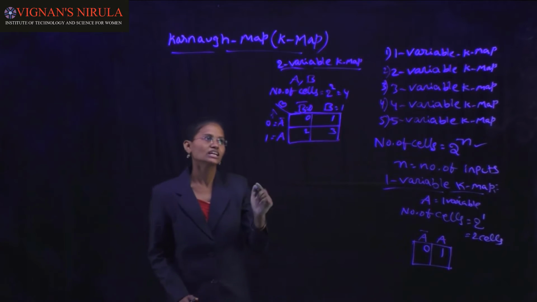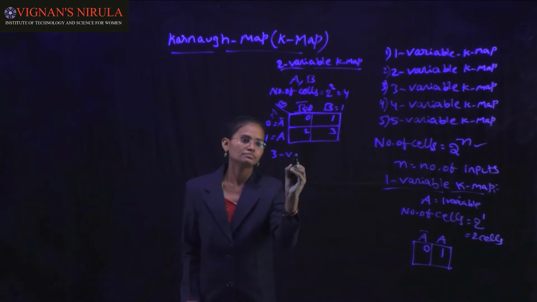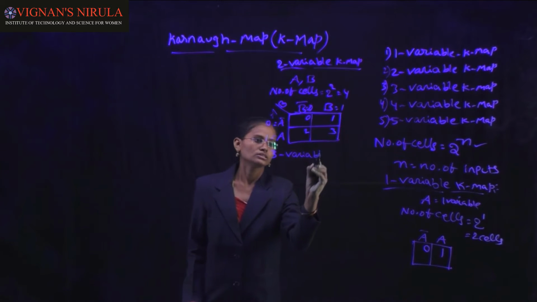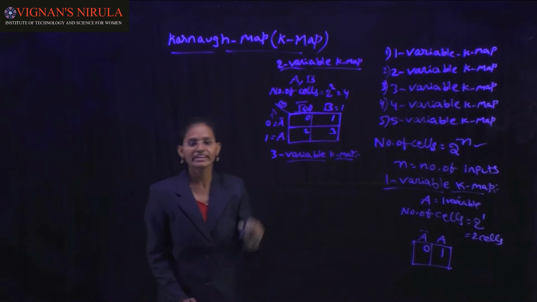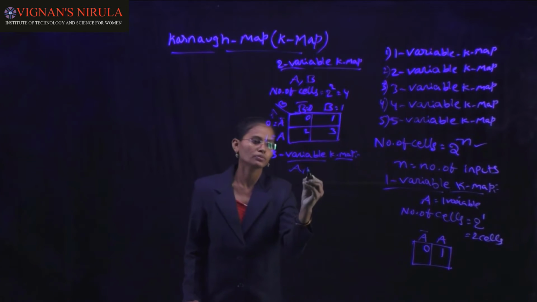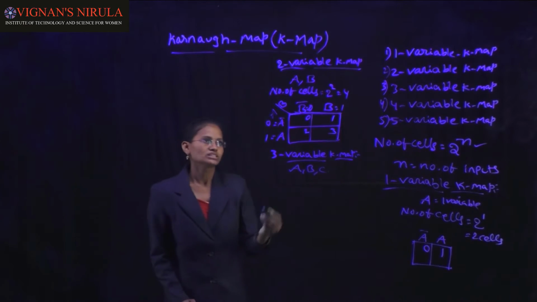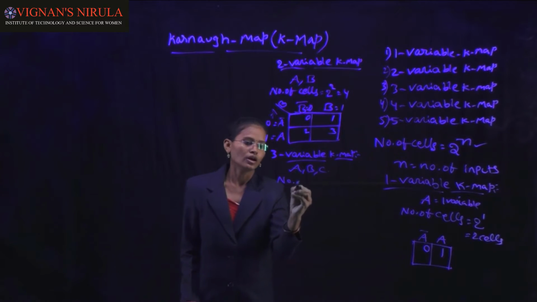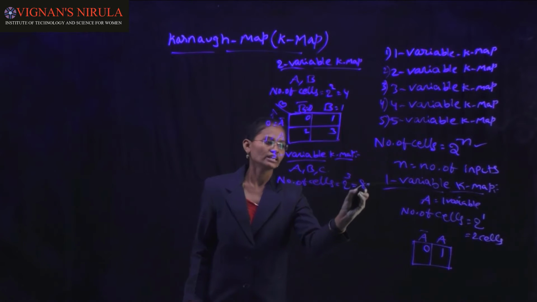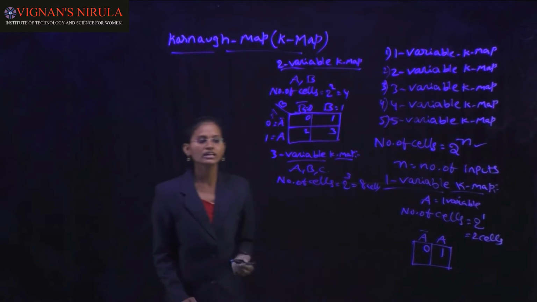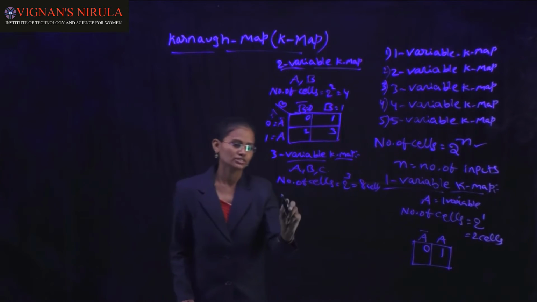And next see the three variable K-map. In the three variable K-map, the input variables are A, B, C. Three variables, so number of cells equals 2 power of 3, that is 8 cells. So we draw the 8 cell K-map structure.